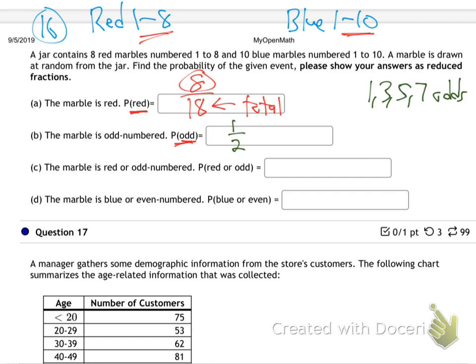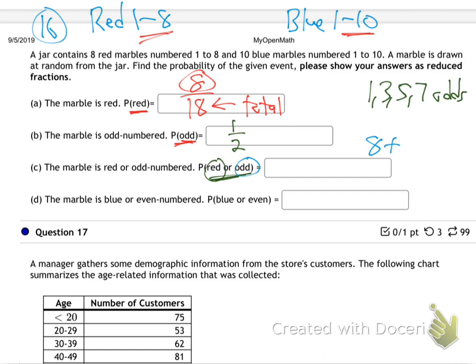What's the probability that it's red or odd? Red or odd. Are we going to add or multiply? Add. So how many red ones are there? There's 8 red ones. And then how many odd ones other than the red?